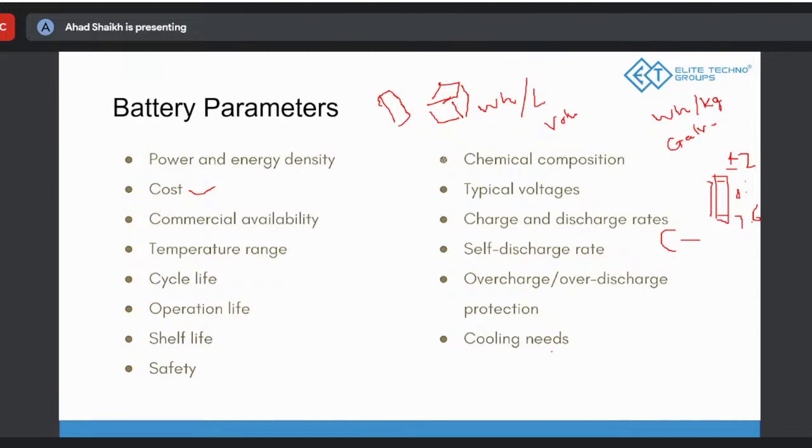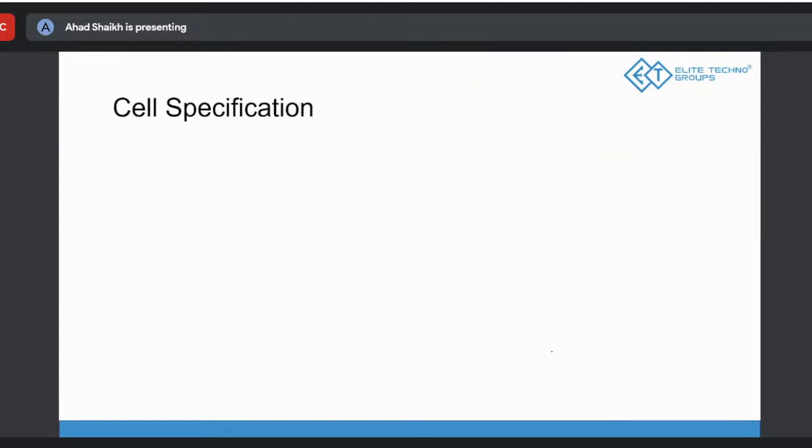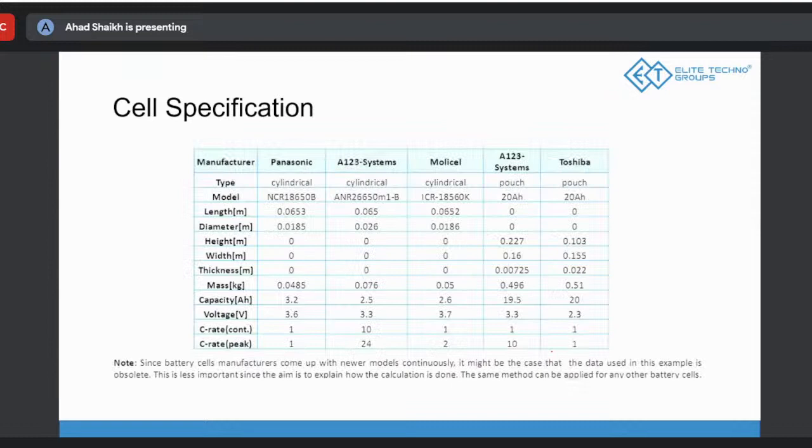Okay. Now we will move ahead with the cell specifications available from different cell manufacturers. There are multiple cell manufacturers in the market, and as this industry is booming, specifically for electric vehicle applications, here are a few of the companies, what type of cell they have been manufacturing, the model name, and the specifications.